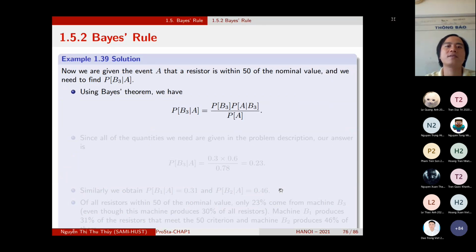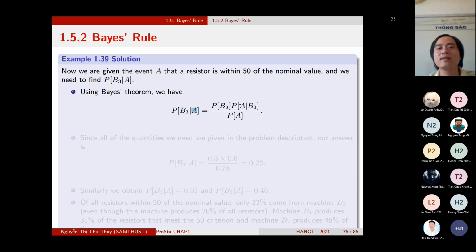So now we have a solution for that example. We use Bayes theorem to get the probability of B3, that is, that the resistor comes from machine 3, given that it is acceptable. Now we apply Bayes theorem.